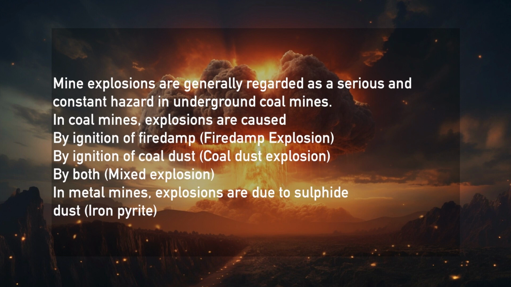Fire damp means mainly methane. Or they are caused by ignition of coal dust, which means coal dust explosion, or by both mixed. That is, first fire damp explosion takes place, and then coal dust explosion takes place.